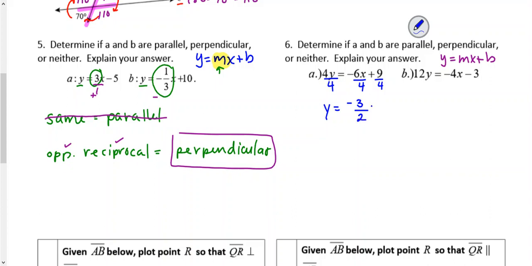Becomes negative 3 over 2x plus 9 over 4 stays 9 over 4. It cannot be simplified. Please either use the yellow calculator or Desmos for this. Part B, divide by 12. We get y equals, this simplifies to negative 1/3x minus 1/4.